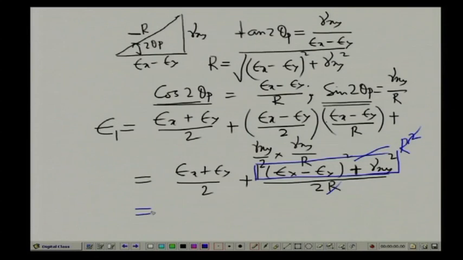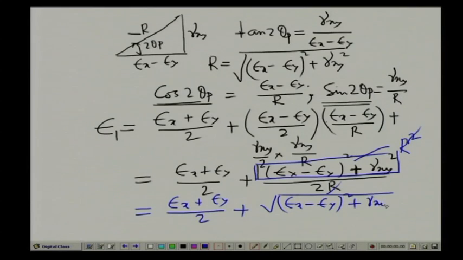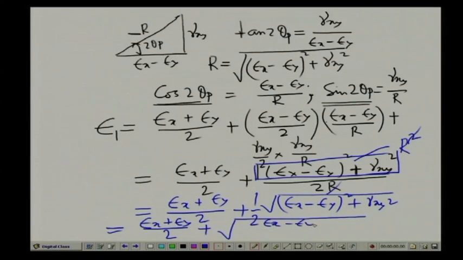So, this is basically equal to (epsilon x plus epsilon y) by 2 plus r, which is root of (epsilon x minus epsilon y) square plus (gamma x y) square, half of that. And if we take these two inside, then this can be written as (epsilon x plus epsilon y) by 2 plus root of [(epsilon x minus epsilon y) by 2] square plus [(gamma x y) by 2] square.